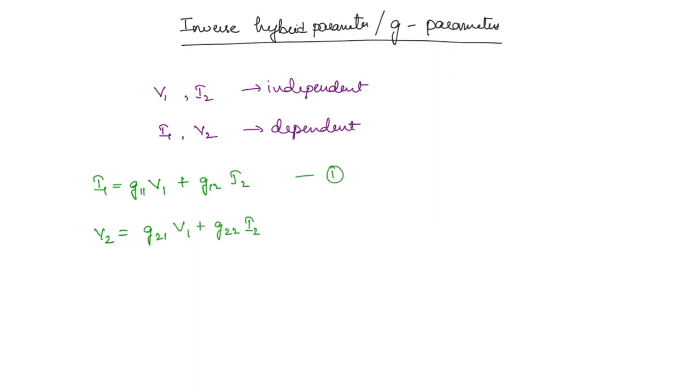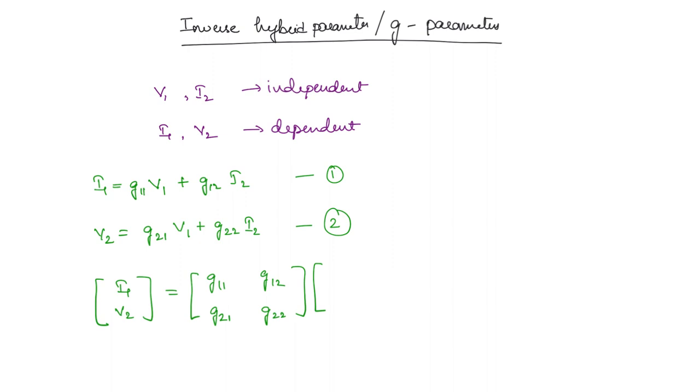This is equation 1 and this is equation 2. And if you want to write in the matrix form, then the dependent variables will be equal to the G parameter matrices G11, G12, G21 and G22, times the independent variable matrices V1 and I2.